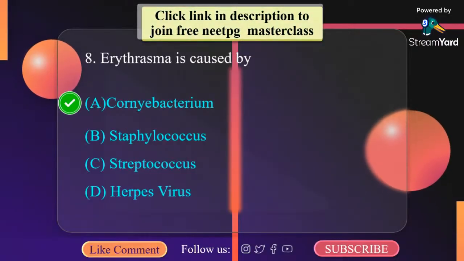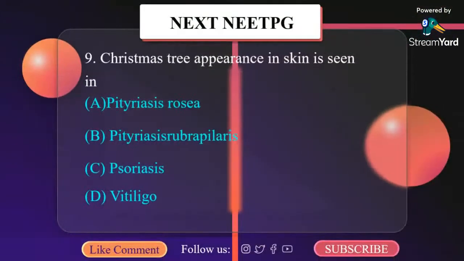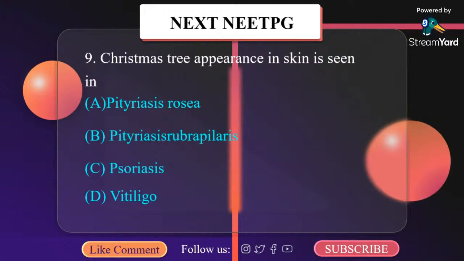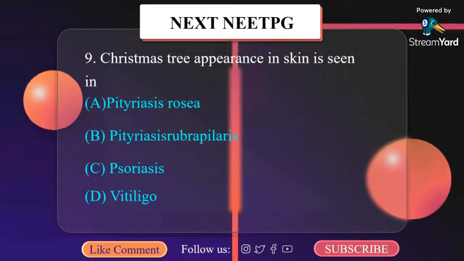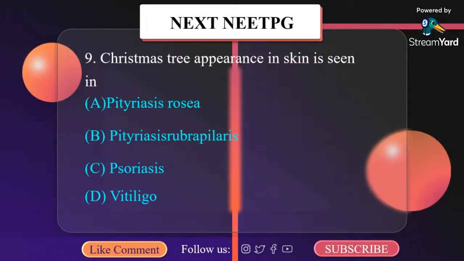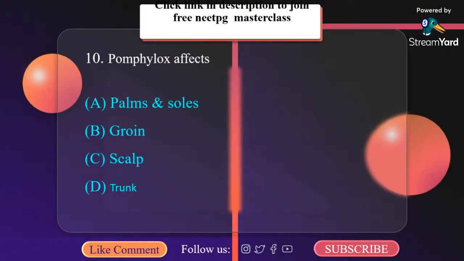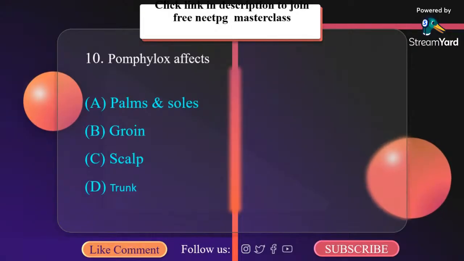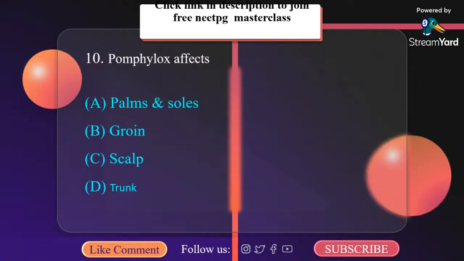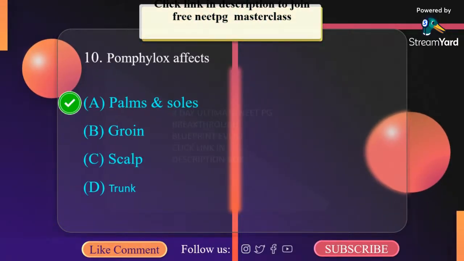It is Corynebacterium. Christmas tree appearance in skin is seen in: A. Pityriasis rosea. B. Pityriasis rubra pilaris. C. Psoriasis. D. Vitiligo. It is pityriasis rosea. Pemphigus foliaceus affects: A. Palm and sole. B. Groin. C. Scalp. D. Trunk. It is palm and sole.